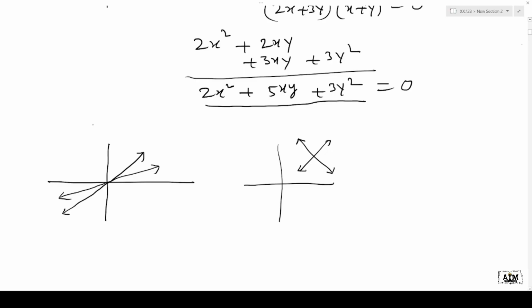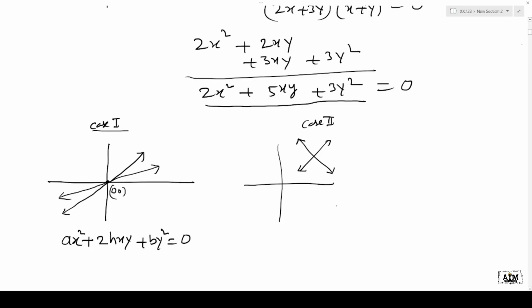So in case 1, both the lines are passing through the origin, and in case 2, both the lines are not passing through the origin. In case number 1, the equation of the pair of lines is given by ax square plus 2hxy plus by square equals 0. This would be the form of the equation of the pair of lines if they pass through the origin.